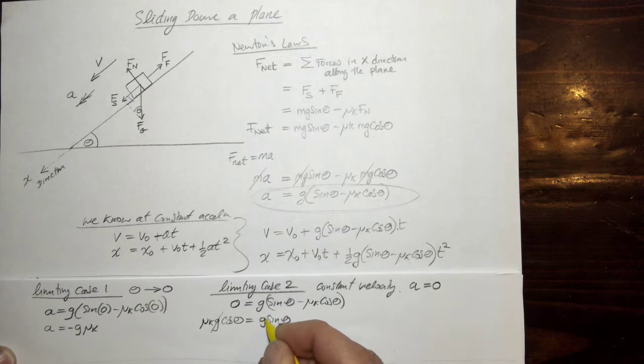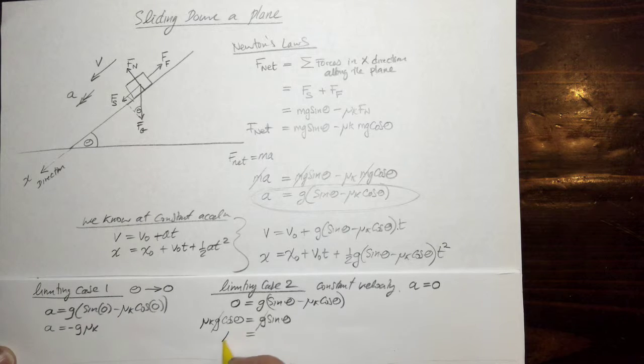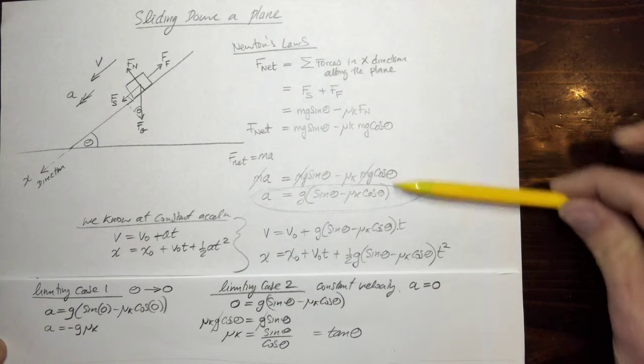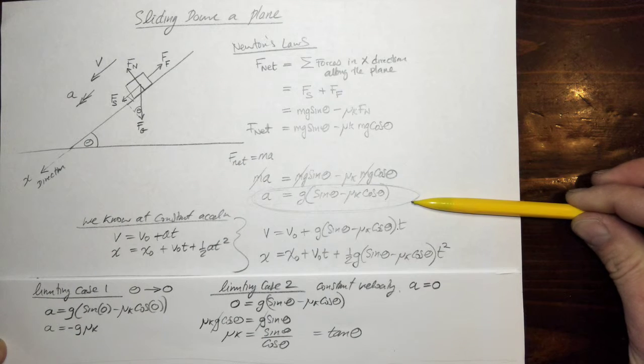Interestingly, the acceleration due to gravity drops right out of this, and we end up with mu k equals sine theta over cosine theta, which equals, of course, tan theta. So in the end, this is the expression linking the coefficient of kinetic friction and the angle of the slope for an object sliding at constant velocity. And we see that these two limiting cases both came naturally out of the full solution for the object sliding down the plane with friction.